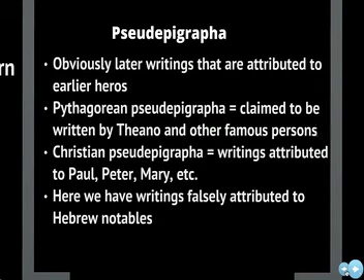So, an example that I'll give is from the Pythagorean pseudepigrapha. Now, Theano was the wife of Pythagoras. They lived in the 6th century BCE, and they left no writings that are extant.